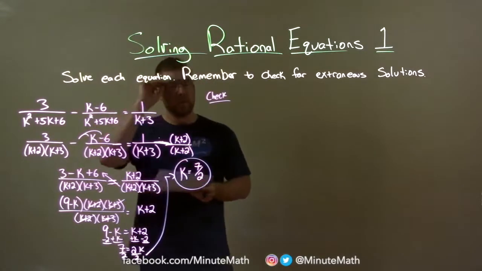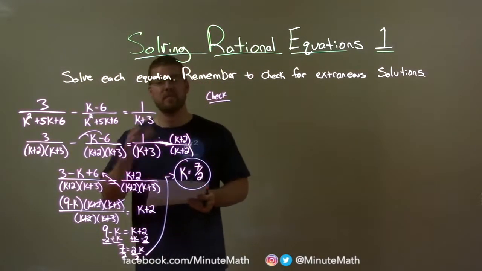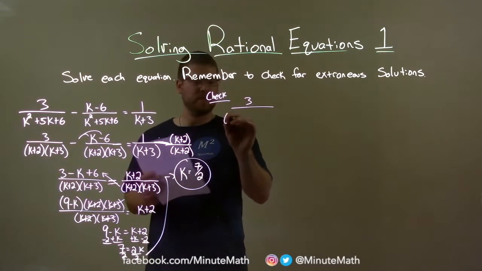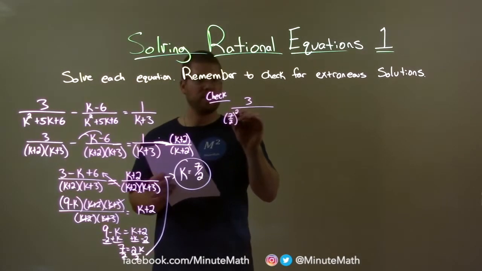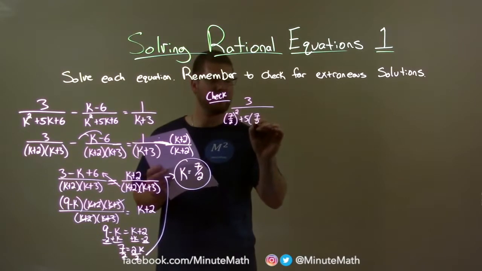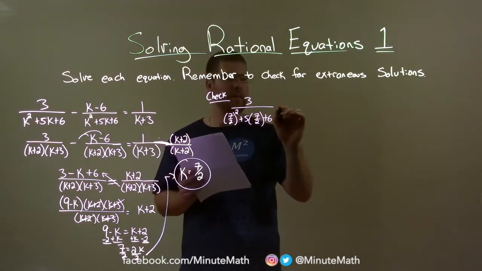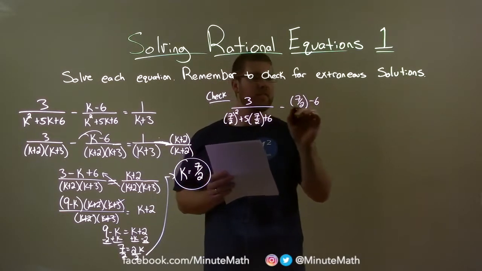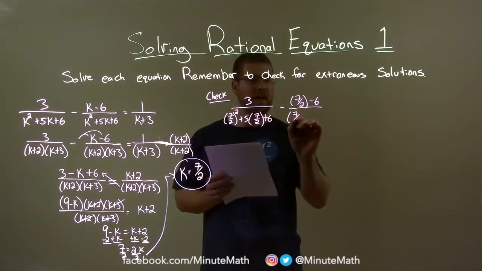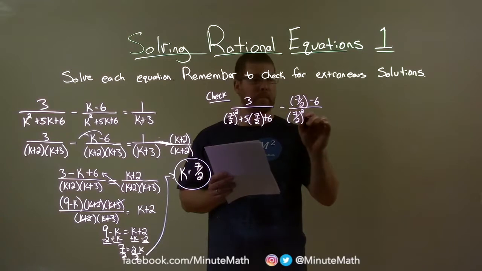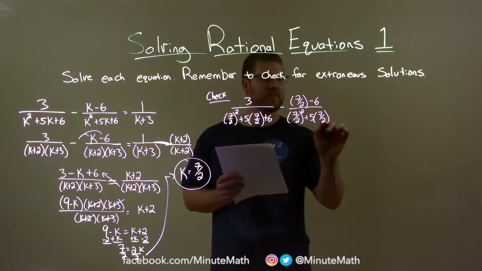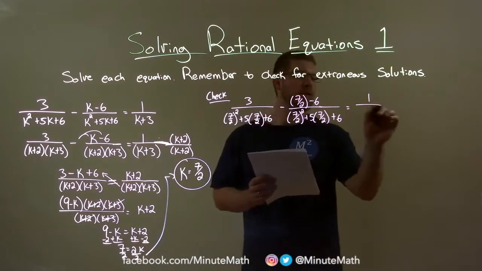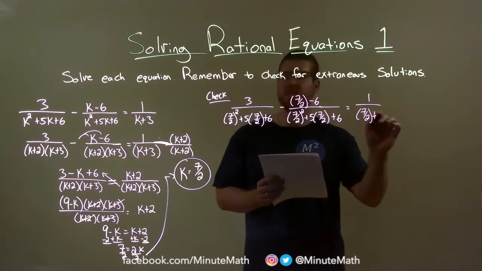I'm going to rewrite my original equation, and instead of k's, put 7 halves, and see if the left and right hand side of the equal sign are equal. 3 over (7 halves) squared plus 5 times 7 halves plus 6, minus 7 halves, minus 6 over (7 halves) squared plus 5 times 7 halves plus 6 equals, right hand side, 1 over 7 halves plus 3.